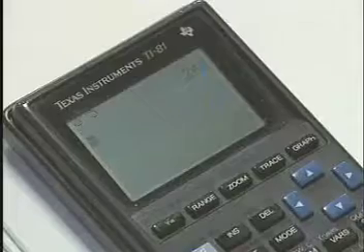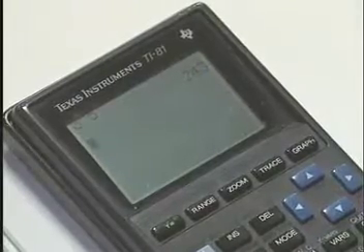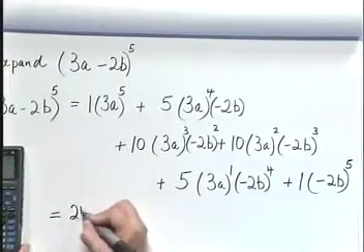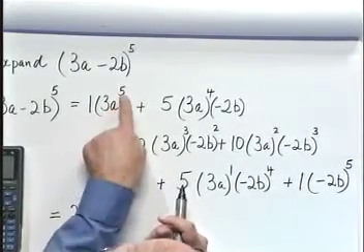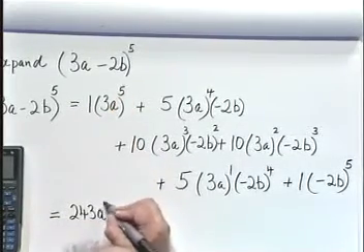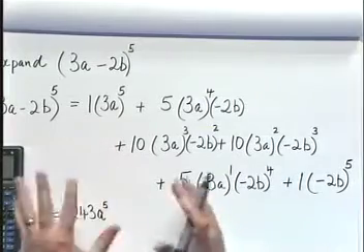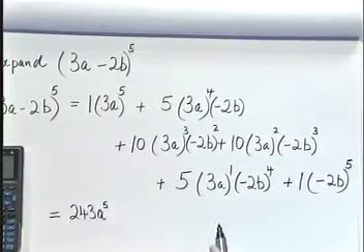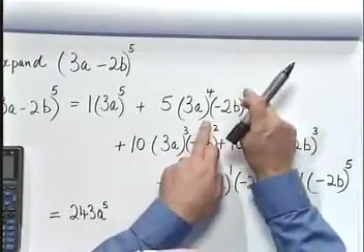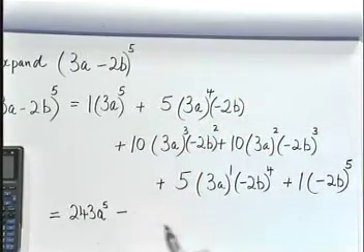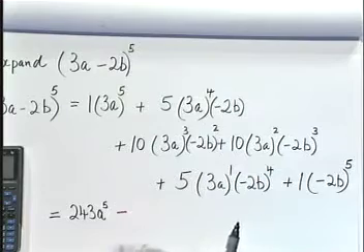I've got a calculator for this because I'm going to raise some of these numbers to some powers. First of all, I want to raise 3 to the power 5. 3 to the power 5 is 243. So I'll have 243, a to the power 5, and it's all multiplied by 1, which isn't going to change anything. Now here, we've got a negative number, because this is minus 2b raised to the power 1. It's going to be negative, so this term is going to have a minus sign at the front.